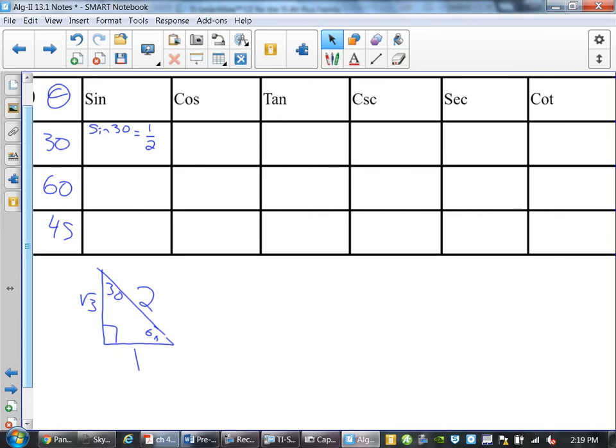What would the cosine of 30 be? Cosine is adjacent over hypotenuse, so your sine is opposite over hypotenuse. Cosine is your adjacent over hypotenuse. So your cosine of 30 is adjacent over hypotenuse.